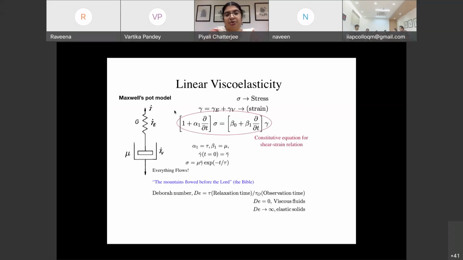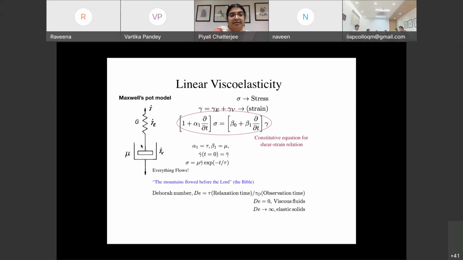So a little bit more about the theory of linear viscoelasticity. That's the simplest model we have. One of the easiest ways to understand this is what is known as the Maxwell dashpot model.